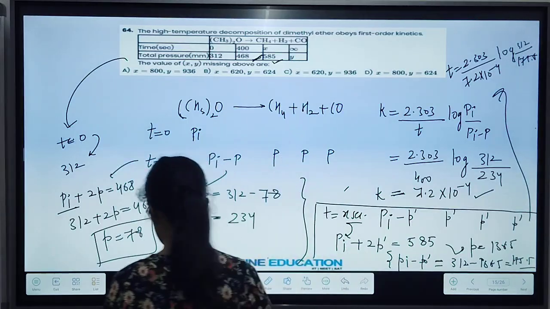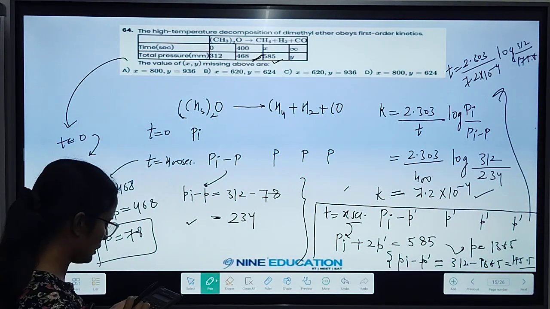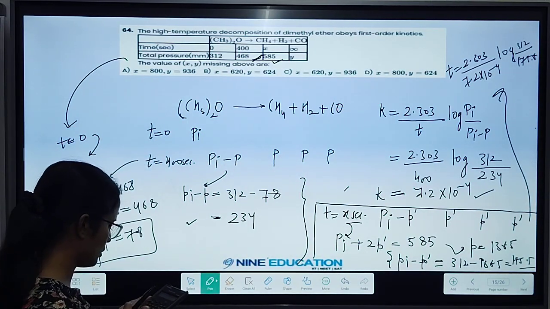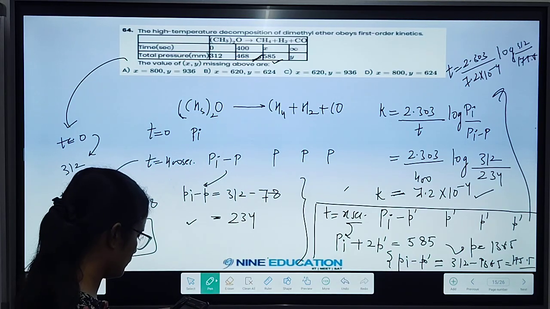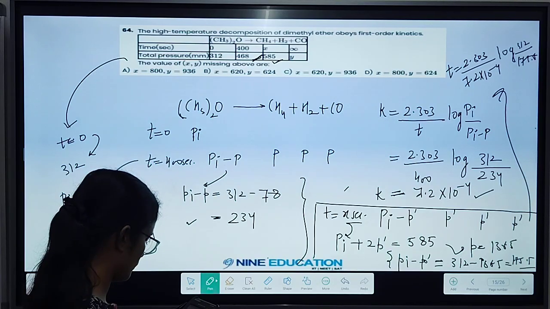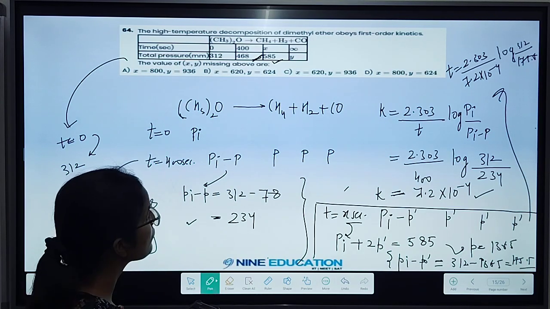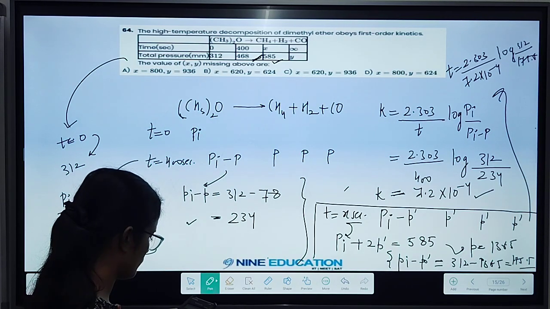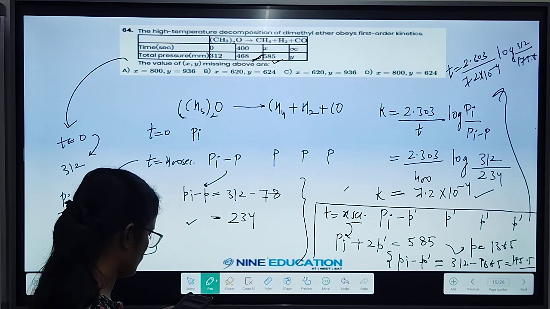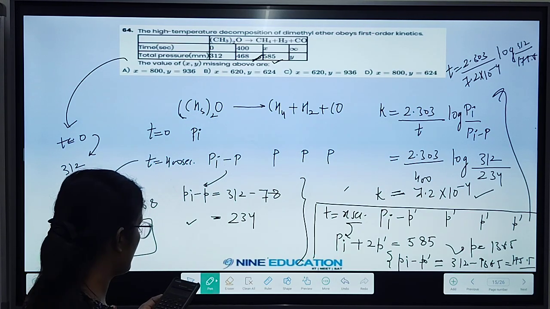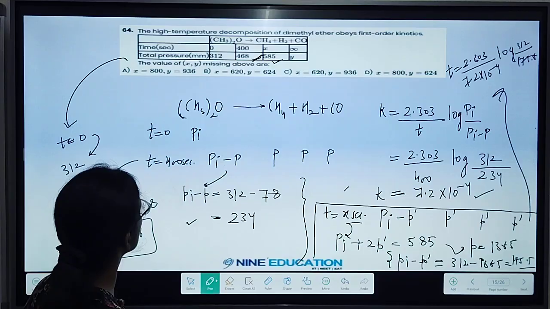Now if I solve this, I am getting around 799.26.